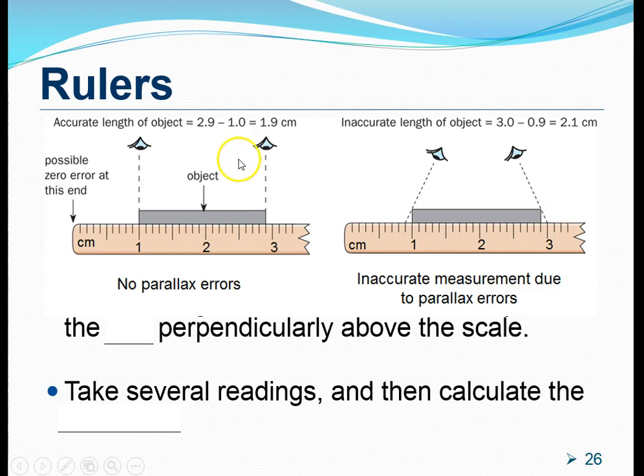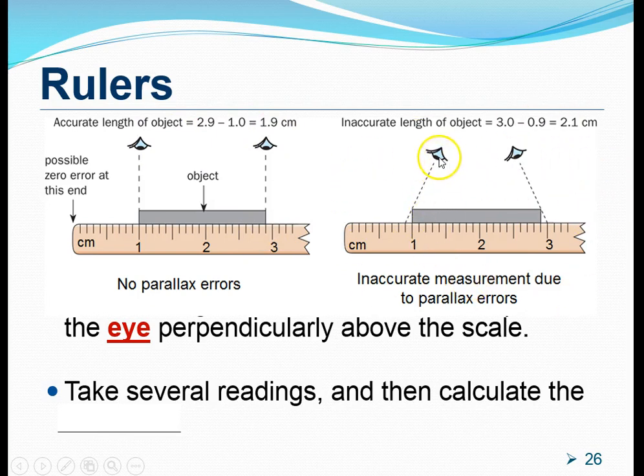The second point concerns the placement of our eyes. The placement of these eyes is important. It is important to take note that we must place our eye perpendicular above the scale, where the object edge is. By doing so, we can actually tell the marking accurately. Now compare this position of the eyes with that on the diagram on the right hand side.